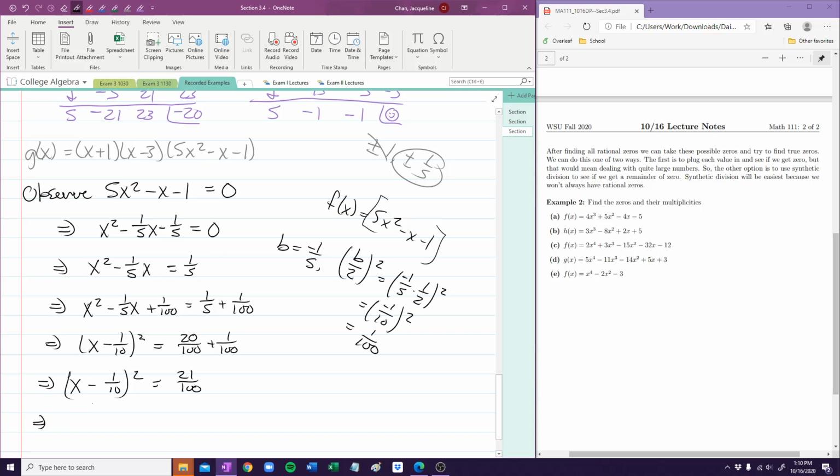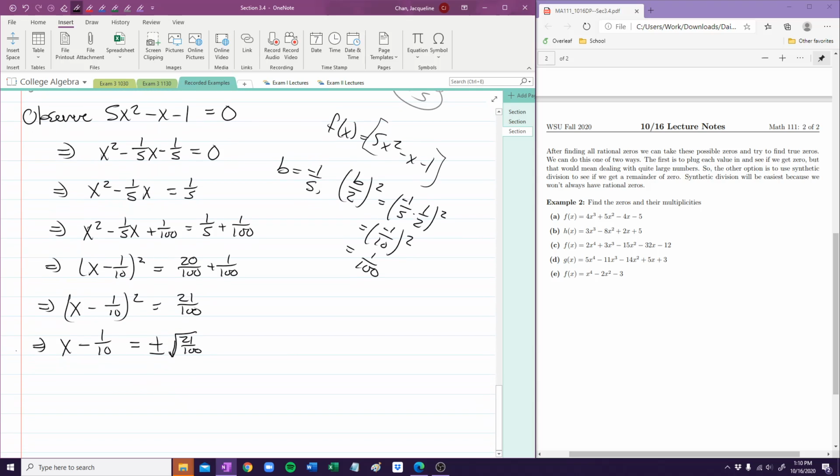Keep going. This is by using the square root property, okay, not taking the square root of both sides, using the square root property, this is equal to that, plus or minus the square root of 21 over 100. Okay, so x is equal to 1/10 plus or minus, and then side note over here, okay, remember the square root of a over b is equal to the square root of a divided by the square root of b.